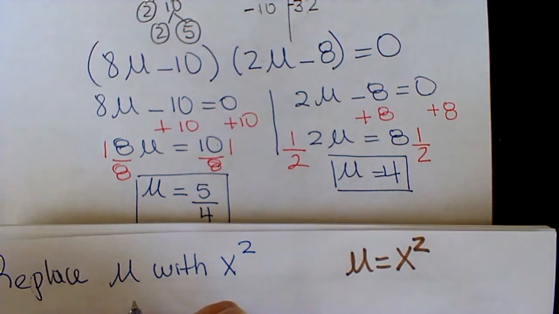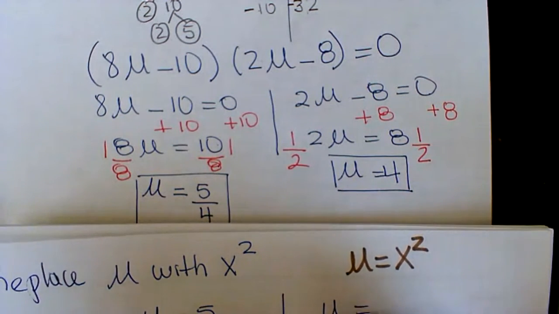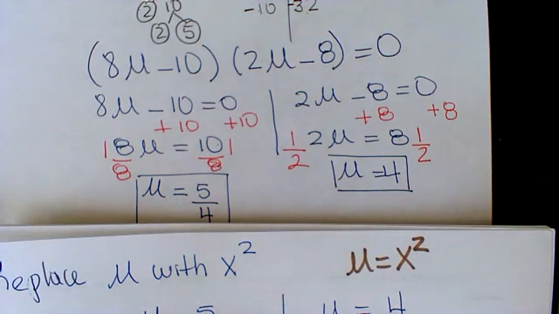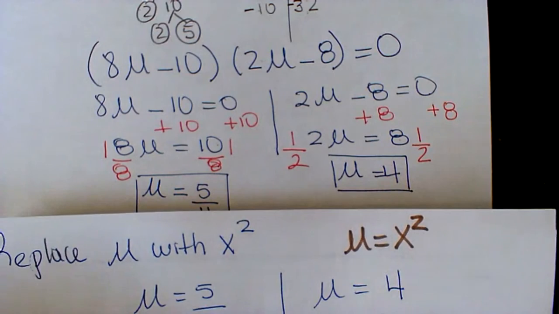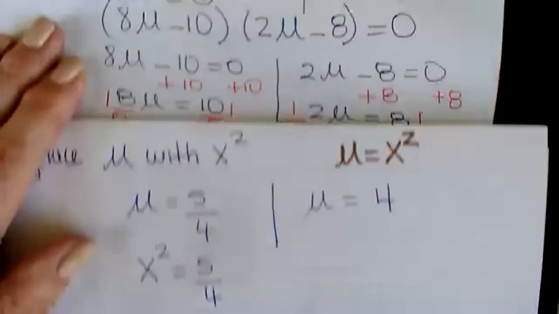All right, so we have u equals to 5 over 4, and we got u equals to 4. So we're going to replace it. So what we have is x squared equals to 5 over 4.